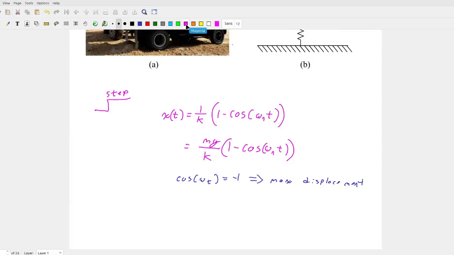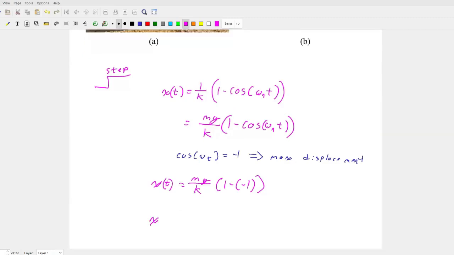So if I just write that out here, I'm going to get x of t for my step response is equal to mass gravity over k of 1 minus -1, which is equal to, we can just say x max is equal to 2mg over k.